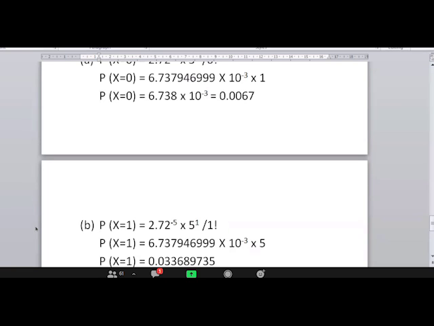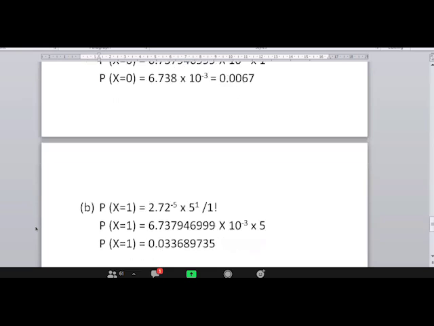Are we on the same page? So P(X = 1), if we round off to 4 decimal places, we are going to have 0.0337.